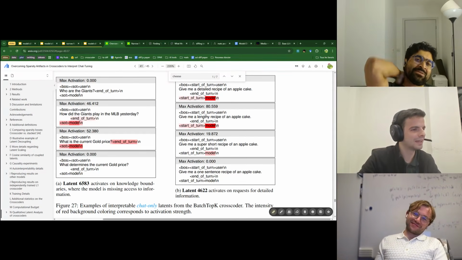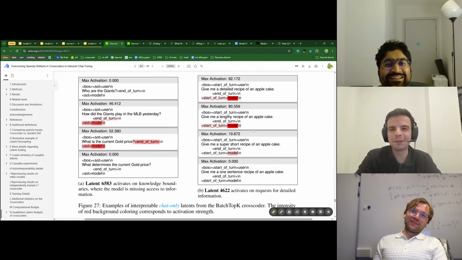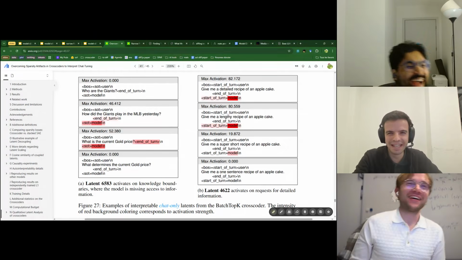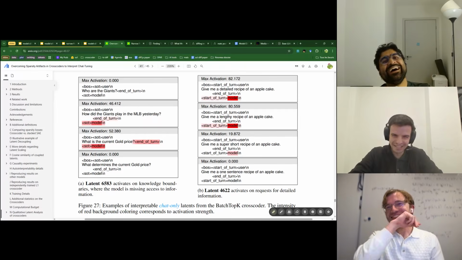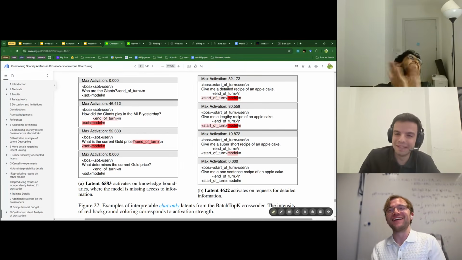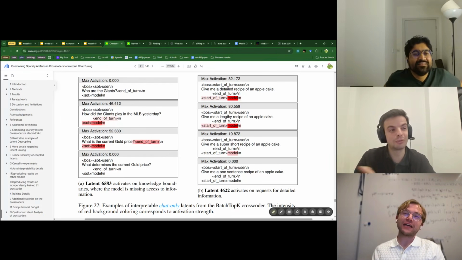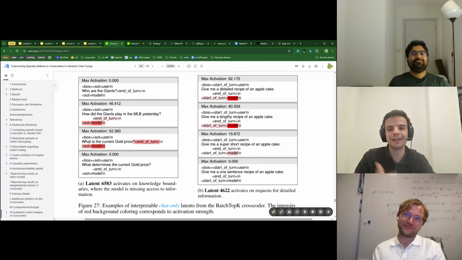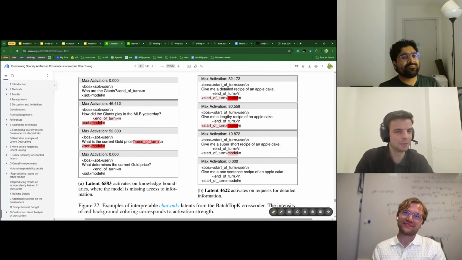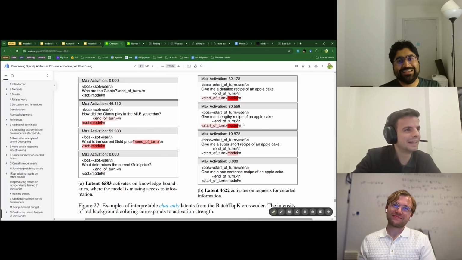Was this LLM generated or human generated? I don't remember. The examples are of course real, and we ran the model and took the activations. We don't just ask Claude. I mean, they seem very LLM generated to me.